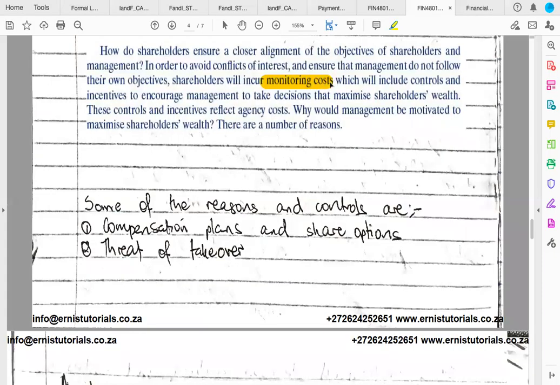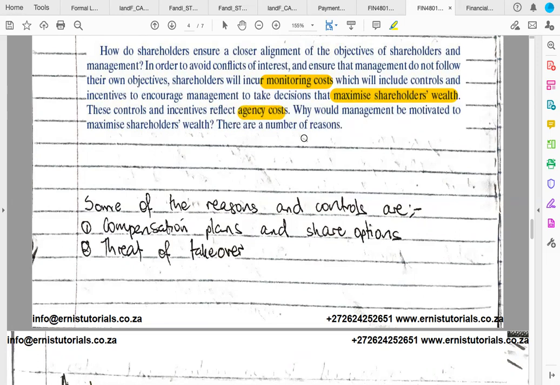So these monitoring costs, these are like expenses that the shareholders will incur, which are sort of like controls and incentives to encourage management to take decisions that will maximize shareholders' wealth. So these expenses or these costs that the shareholders will incur are known as agency costs.